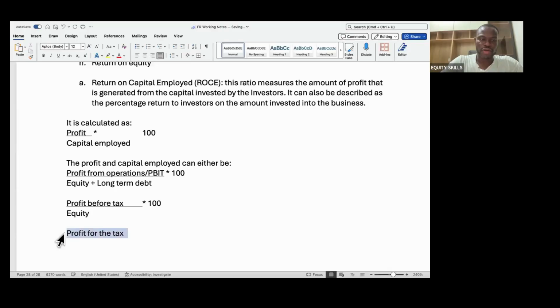And also, if you are using profit after tax, your capital employed can also just be your equity.